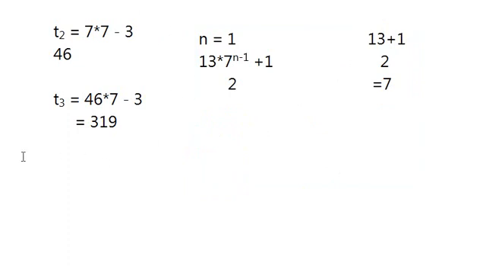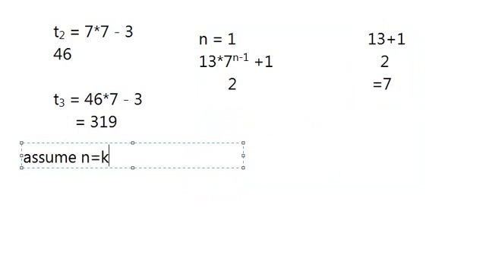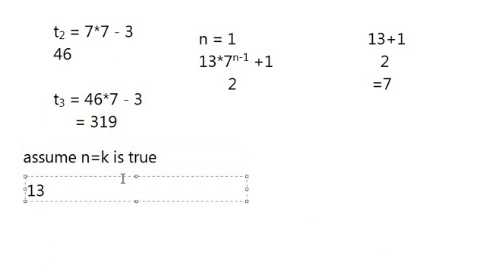Then now we need to say that we assume that n equals k is true, and so the sum of t_k is equal to 13 times 7 to the power k minus 1 plus 1, divided by 2, and that is another term that we assume is true.